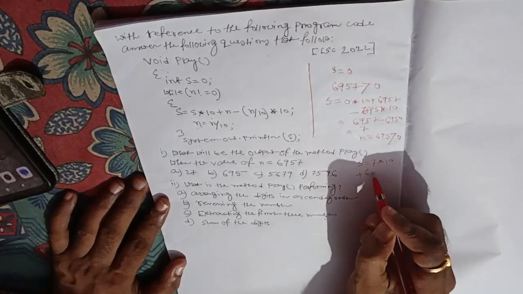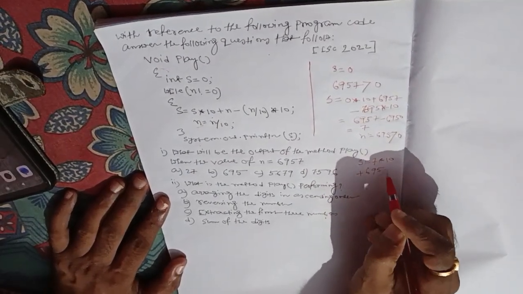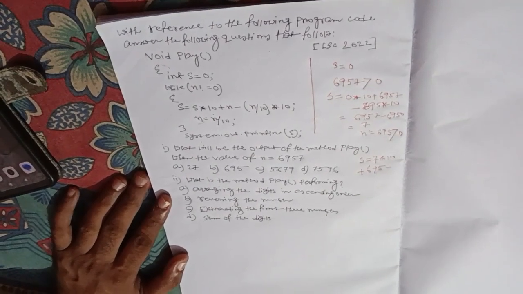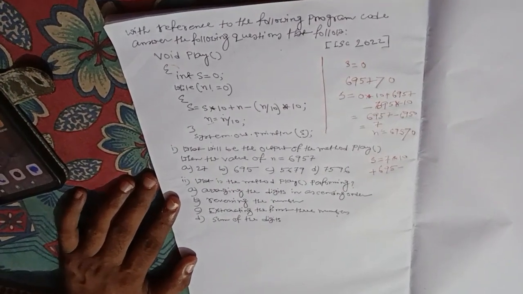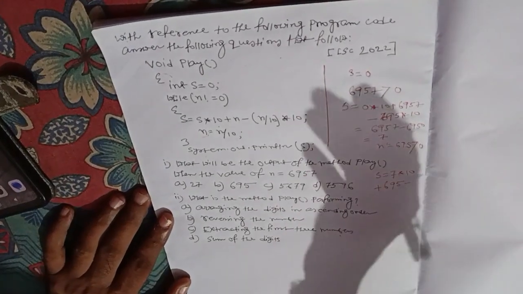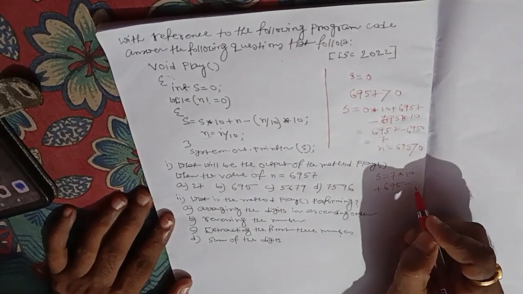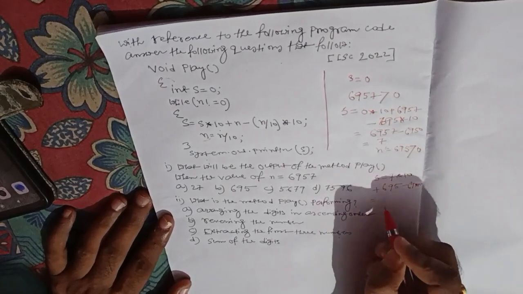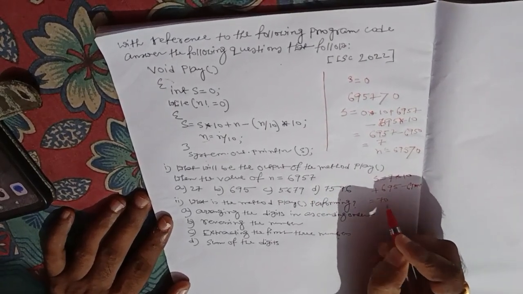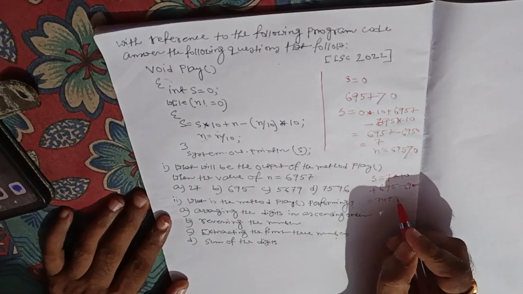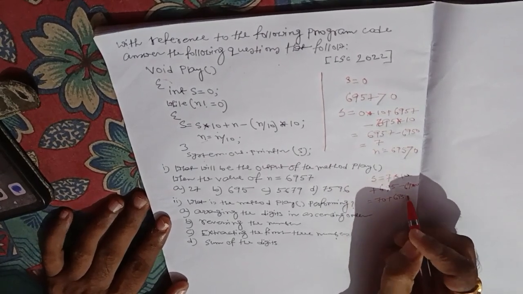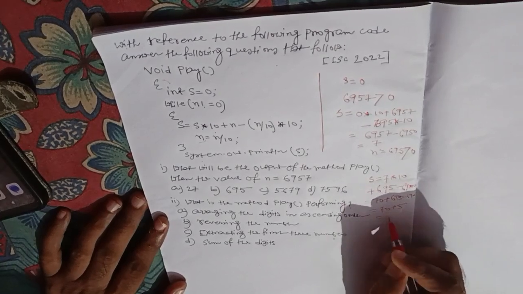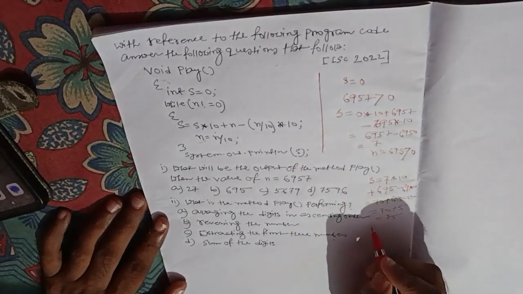The value of n is 695 minus n by 10. 695 by 10, we will get the quotient 69 and remainder 5. That is 69 into 10. So 70 plus 695 minus 690. 70 plus 5, 75.